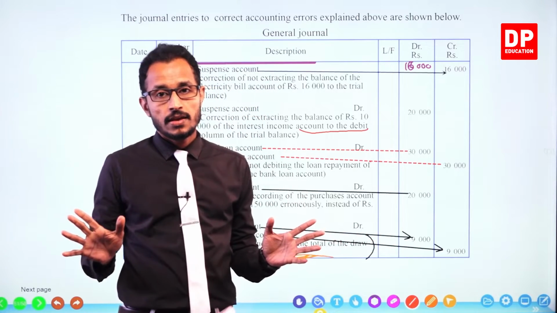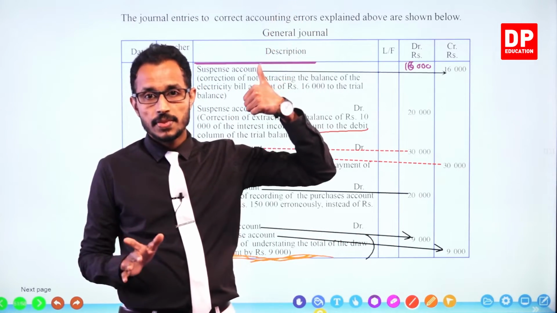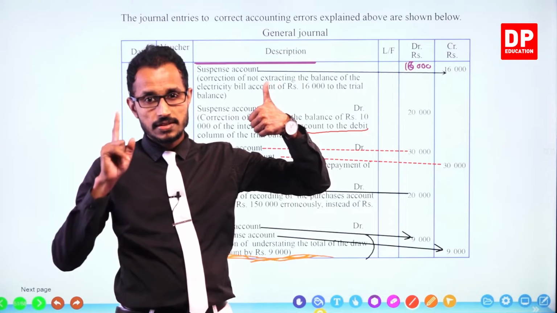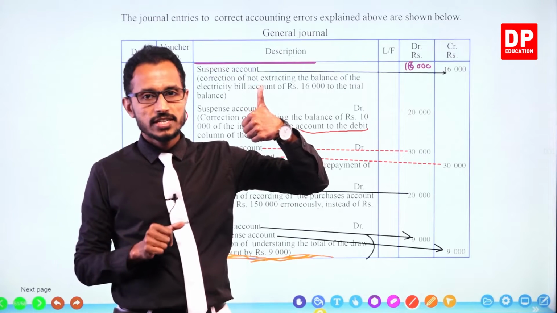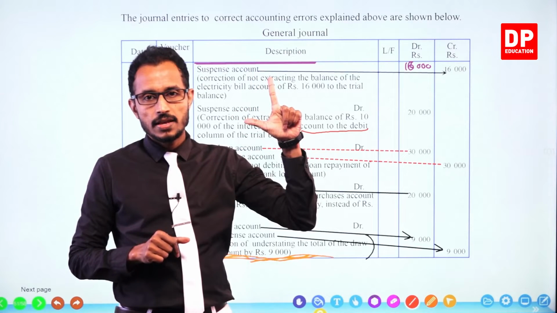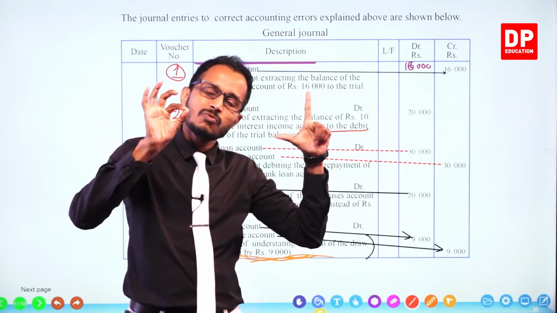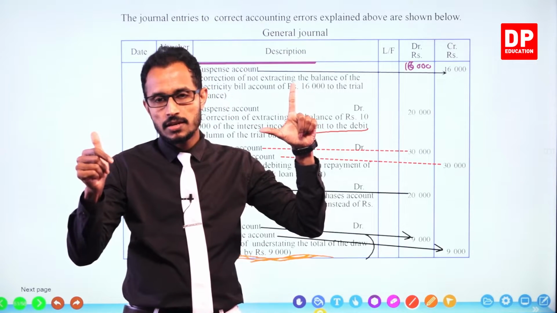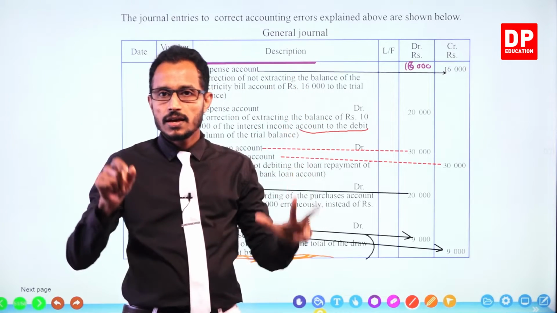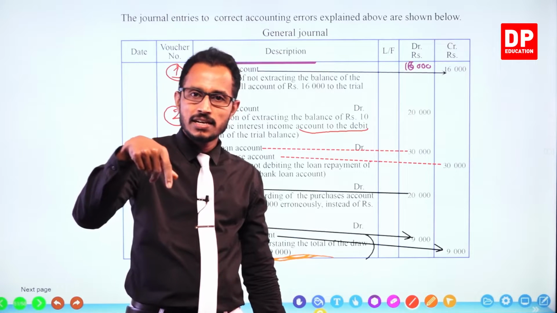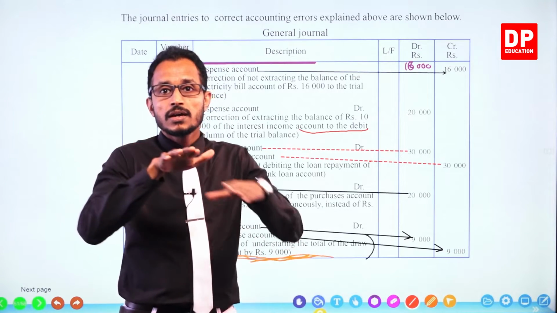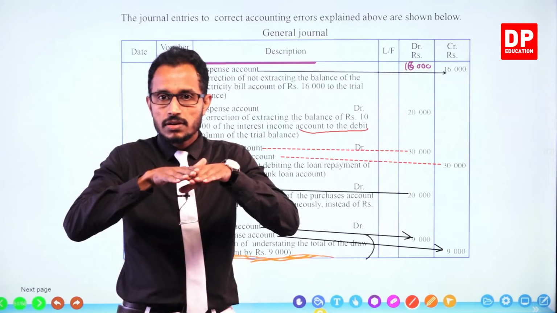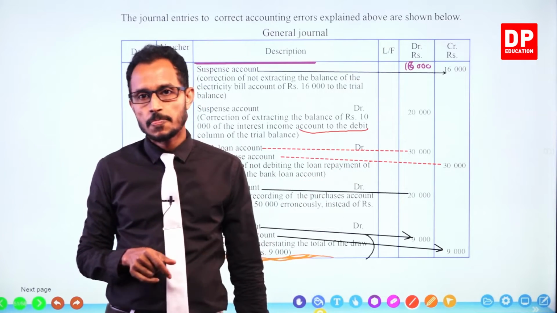Okay, first step, identifying the event, transaction or the event, and the correct recording of it. Second step, identifying where the error has occurred. And third step, deciding a double entry to record in order to balance off or rectify that error.